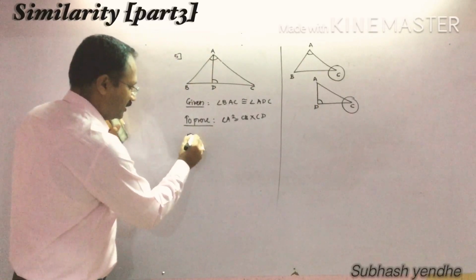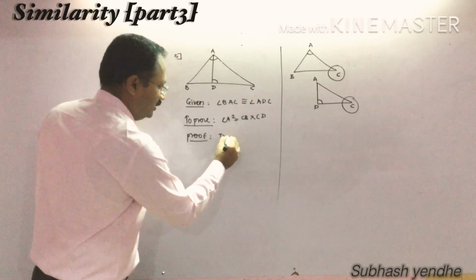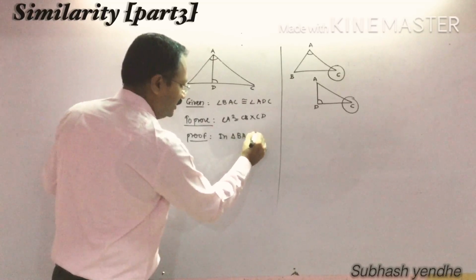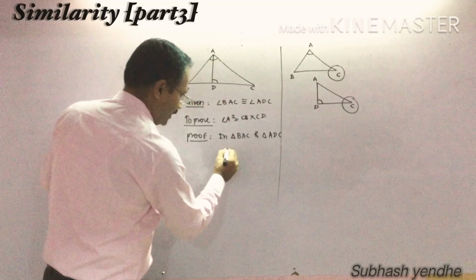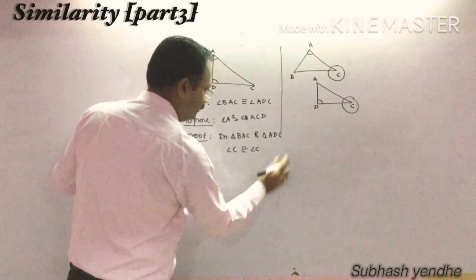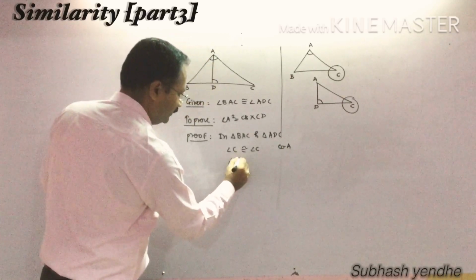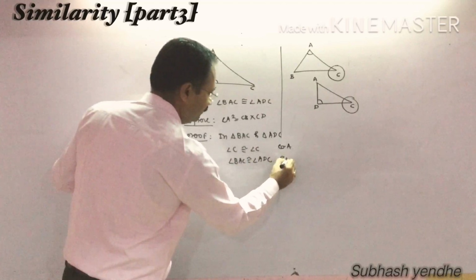So here we can write the proof. First you have to write the name of triangle. In triangle BAC and triangle ADC, angle C is congruent to angle C because it's a common angle. Then angle BAC is congruent to angle ADC. This is given.